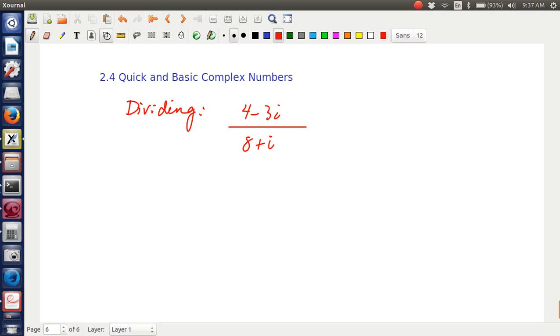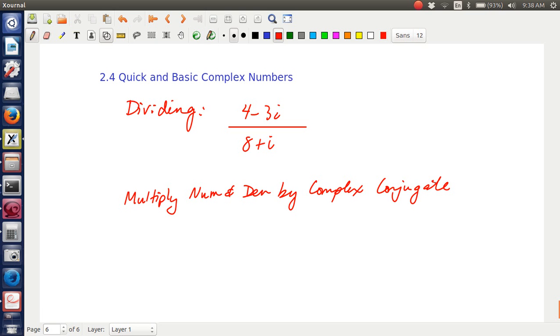To divide, you must multiply numerator and denominator by the complex conjugate. And you want to know that a plus bi and a minus bi are each other's complex conjugates.